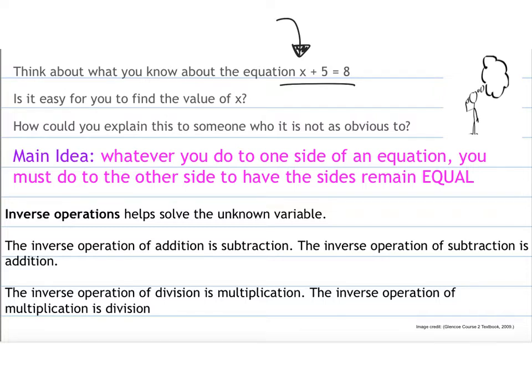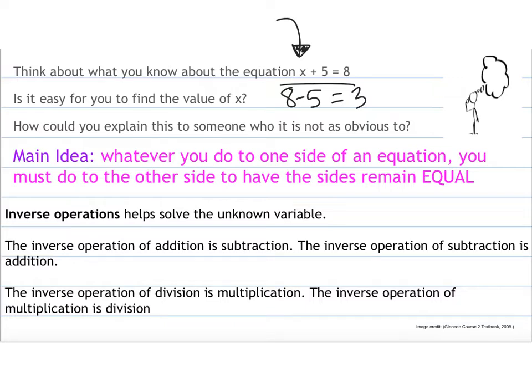We know in our heads right away probably that that number is 3, because 3 plus 5 equals 8. But without even realizing it, we're actually in our head doing 8 minus 5, kind of going backwards, and we get 3. So that makes us realize that x is 3.